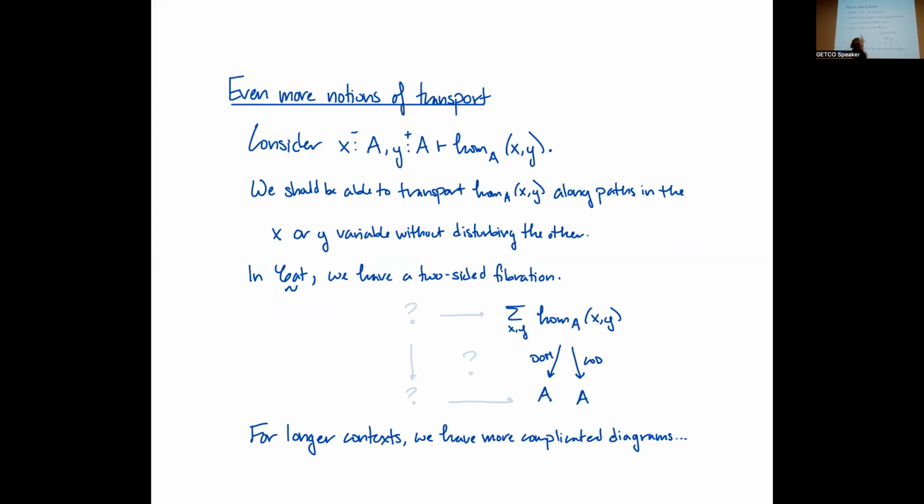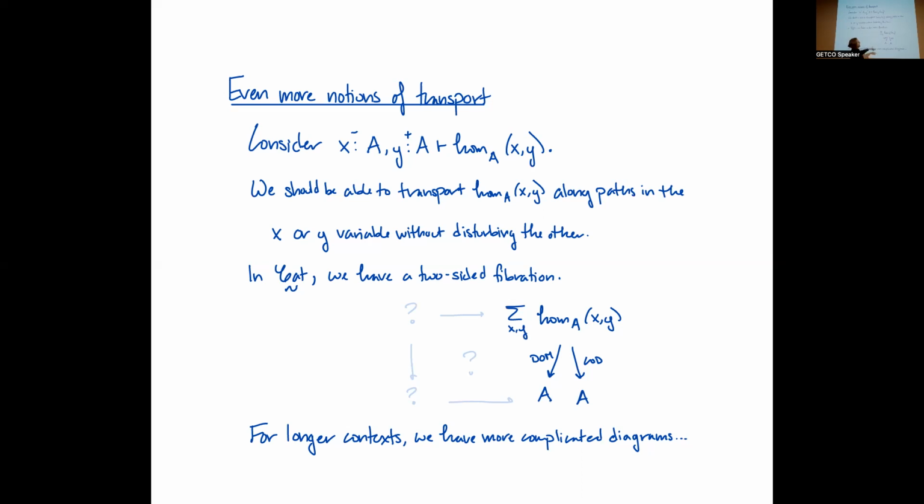So in Cat, if we take the discrete fibration of hom-sets, I shouldn't say the word discrete fibration, that's really a two-sided fibration, which is some categorical notion that goes back to Street. And so that's saying that we have these two projections, one to the domain, one to the codomain.